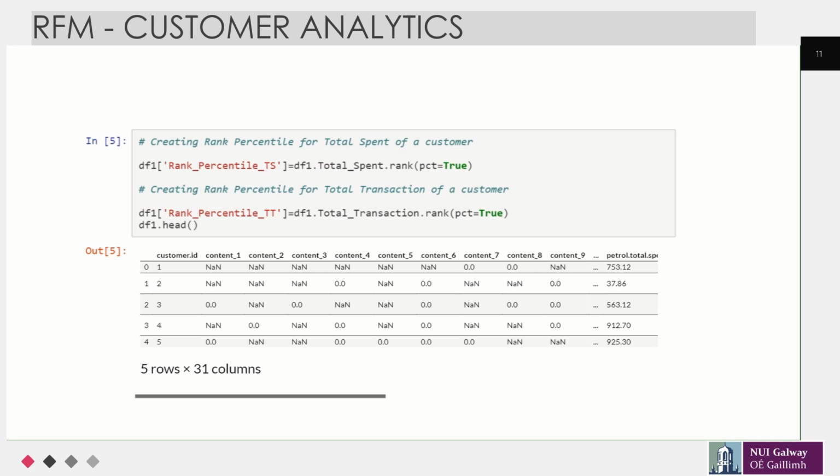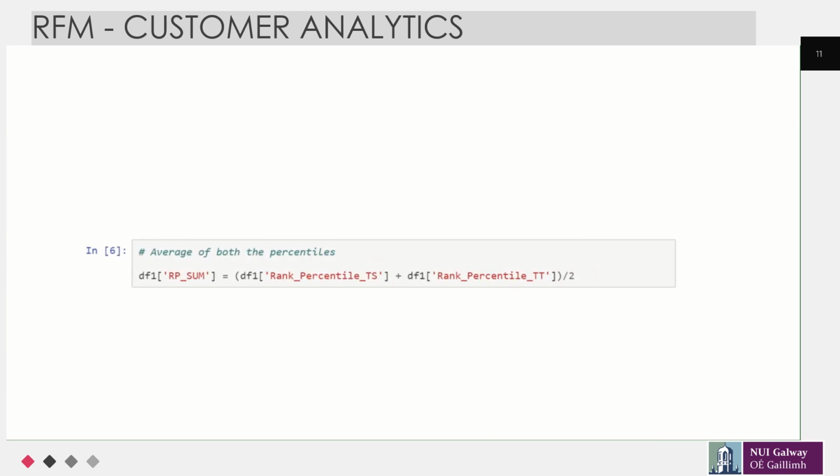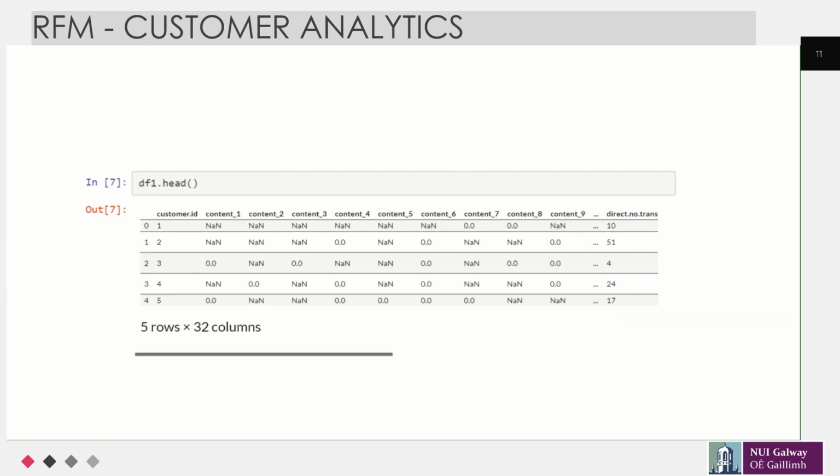Now we can create fields called rank percentile for both total spend and total transactions. Calculating the average of both the percentiles gives us the FM rank percentile.